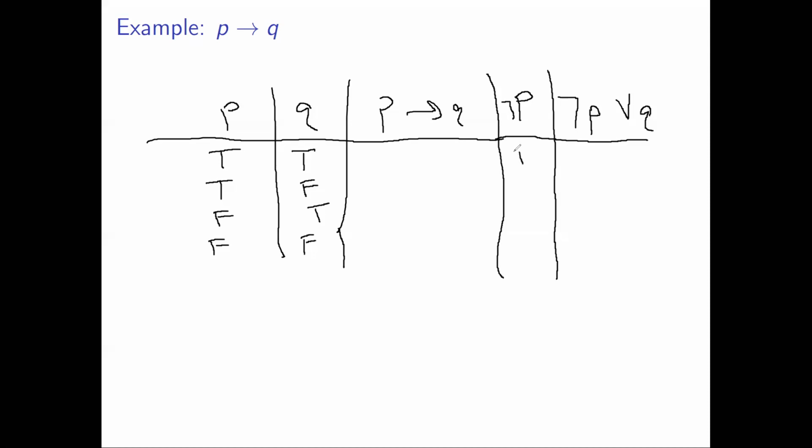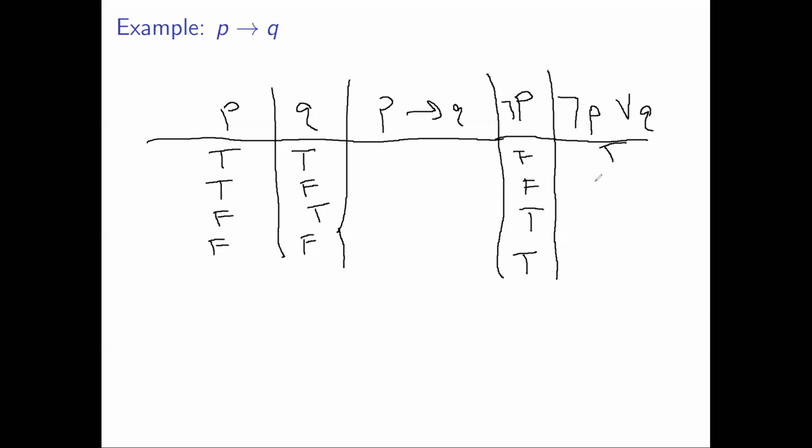Here the not P, we got false, false, true, true. And then not P or Q. We'll do that one first. So not P or Q, first row, not P is false, Q is true, so we get true for the disjunction.